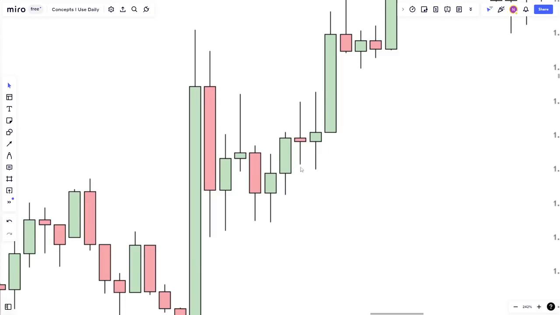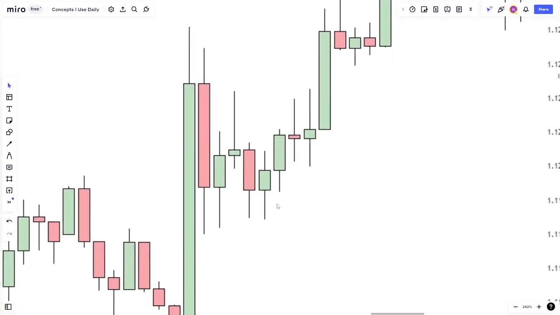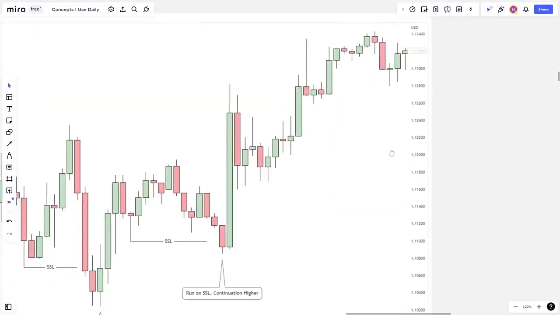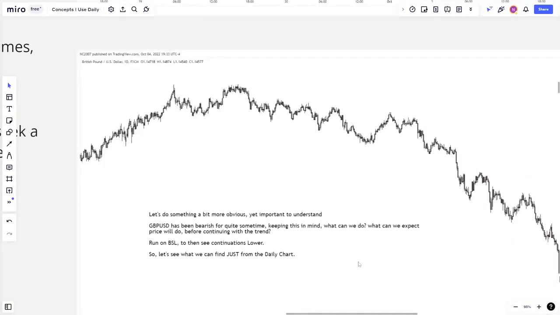It means that a low was created, the low was taken, and then a continuation higher happened. We could say the exact same thing about this low, and this low compared to this one. Takes the low, continues going higher, right? We also have, as an example, this low. This low might be more important in lower time frames compared to the higher time frames on which we're on.